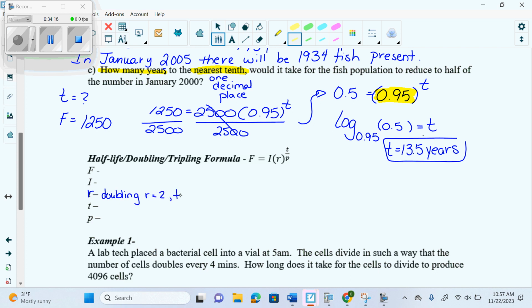If I'm tripling, I go from 100% to 300%, and my R would be 3. And if I'm halving, or have a half-life, what's half of 100? 50. And what would that be in decimal? 0.5. Or you could use a half, technically. My F is still final amount. My I is still initial amount.